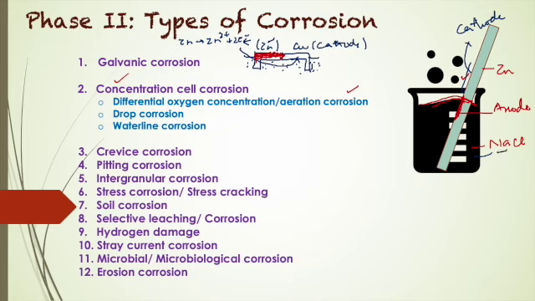As soon as the anode and cathode are set up, the electrolyte is available as NaCl. What happens? A chemical reaction will start. This part of the metal will show the chemical reaction as anode. That means zinc will be oxidized to Zn2+, giving us 2 electrons. These 2 electrons will travel to the cathodic area, and at the cathode oxygen is very well present. So what will be the reaction over there?